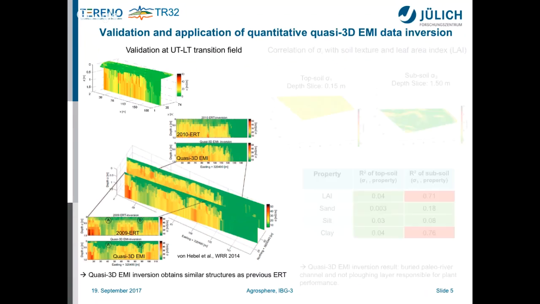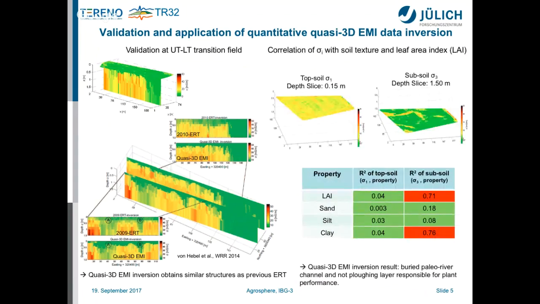One direct application for this, when we go again to this paleo river channel field, which is actually a cropped field: we made some cross correlations with some properties, and one property, for example, is the leaf area index.